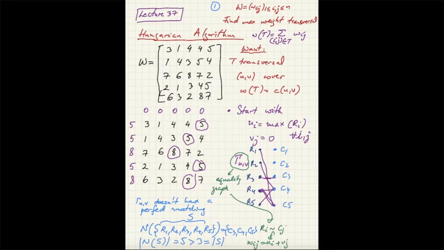So what do we do in this situation? Here I assume all the entries are integers.